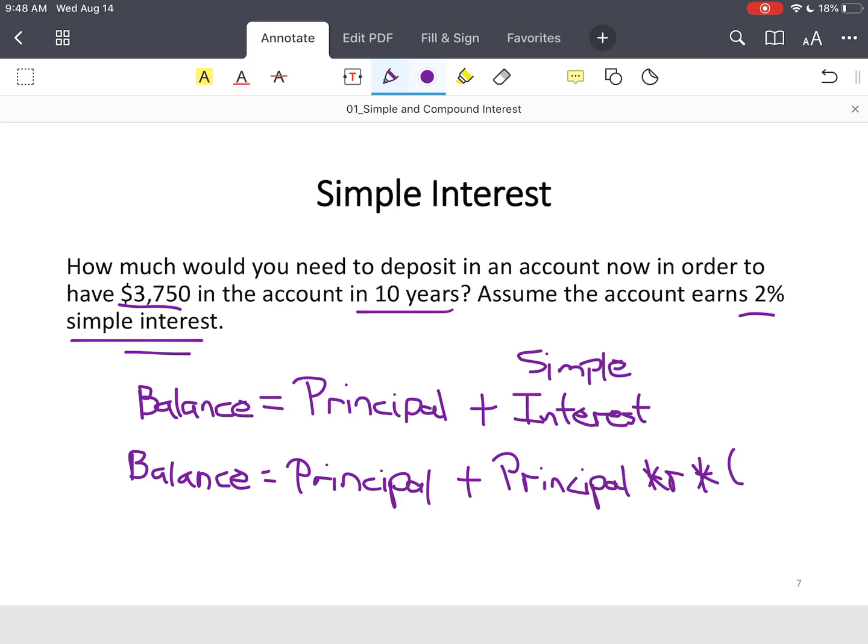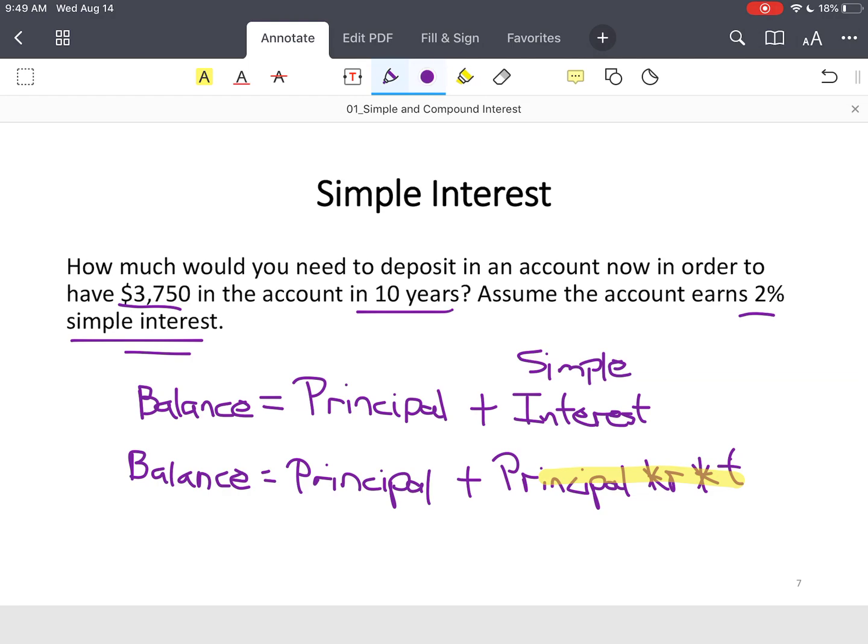Now notice how I slid the simple interest formula right into the equation. I used words and then I substituted the simple interest formula into my equation.